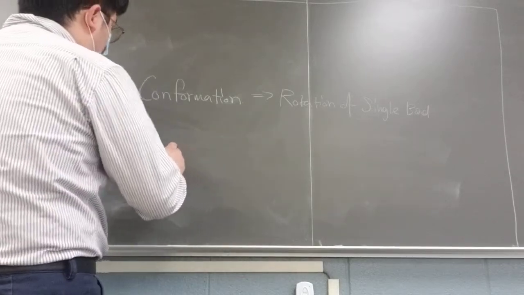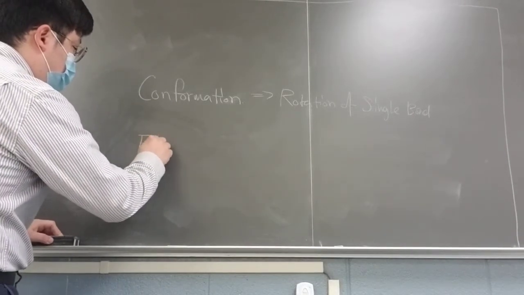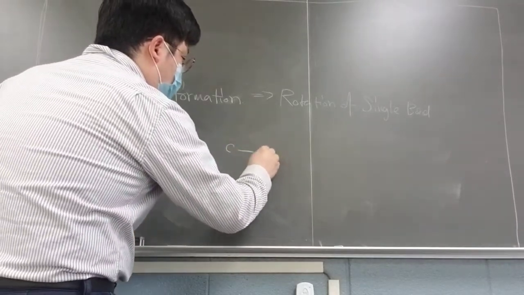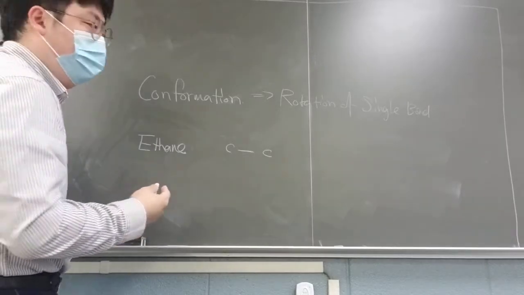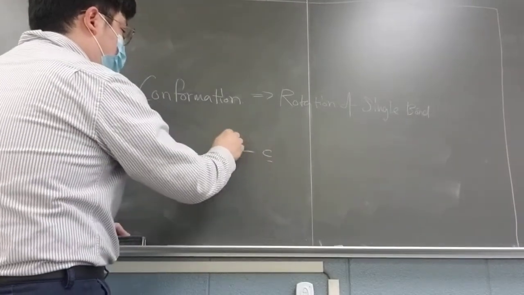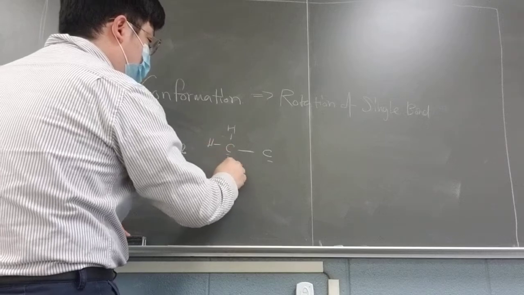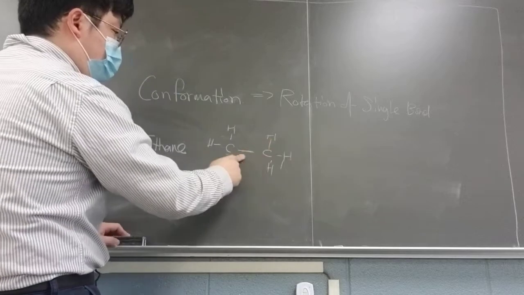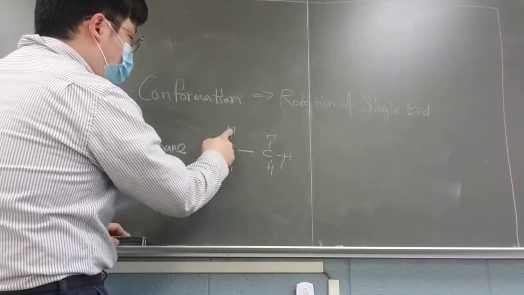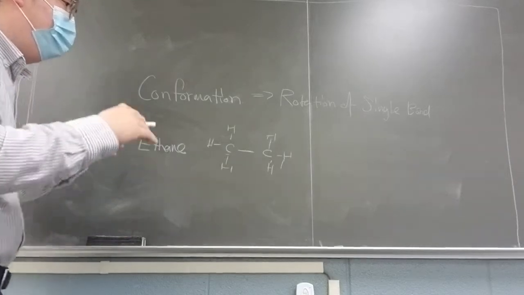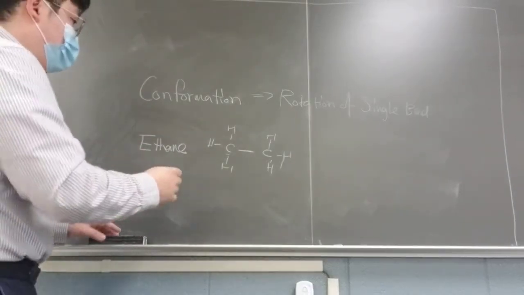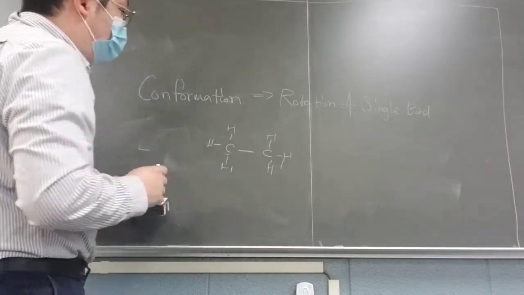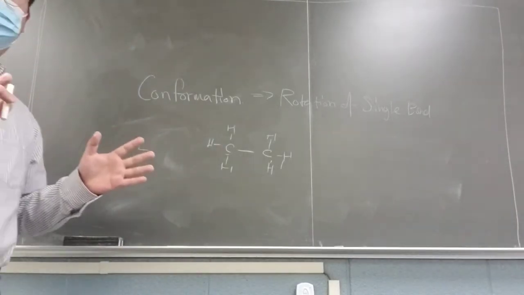So if I give you one example, ethane, okay? If you look at the ethane over here, of course there will be 2 carbons, right? But each carbon should have three hydrogens, because there's one single bond between these 2 carbons. This will fill with the 3 hydrogens, so it can make all single bonds there. But it's kind of hard to look at it in 2D.